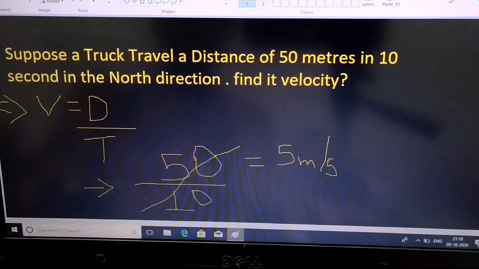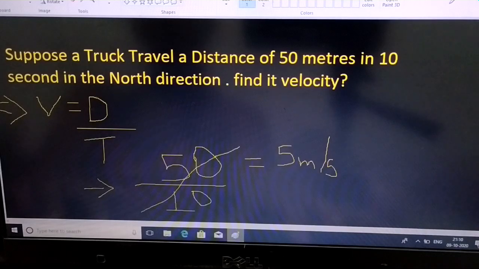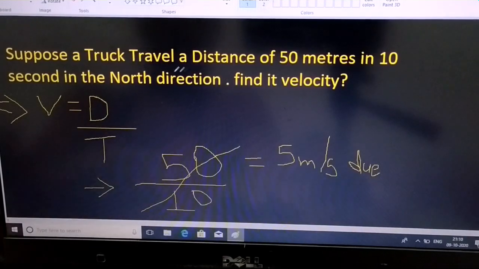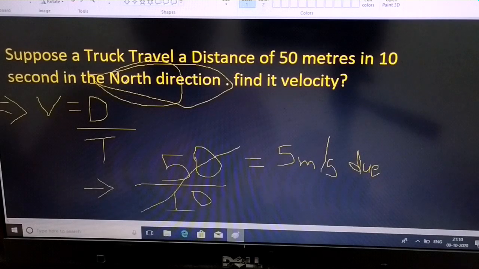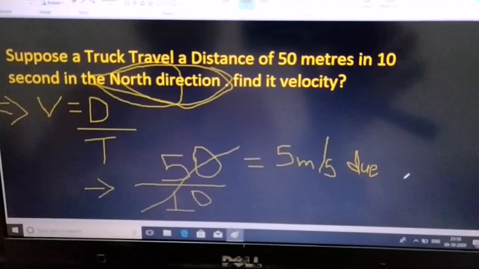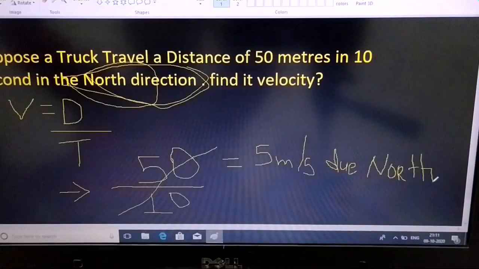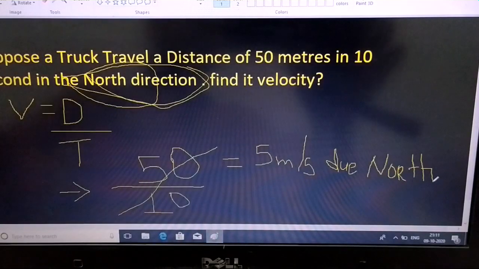But it's a velocity, that's why we have to write 5 meter per second toward north or due north. It's because the direction is given in north direction, so we have to write 5 meter per second due north or toward north.